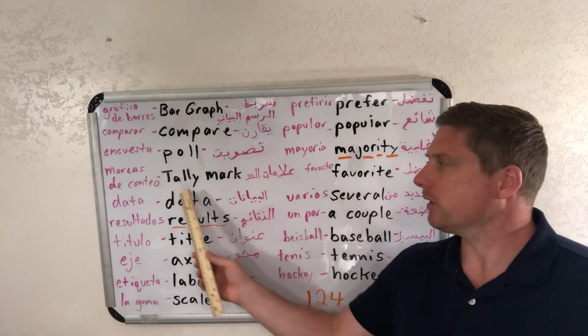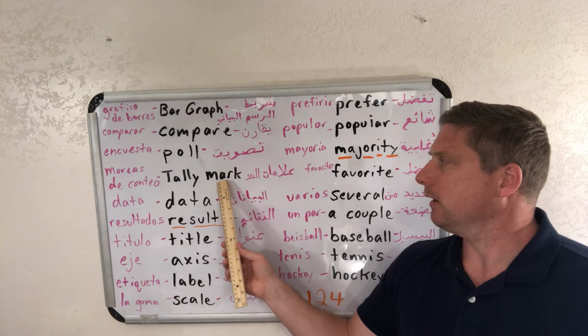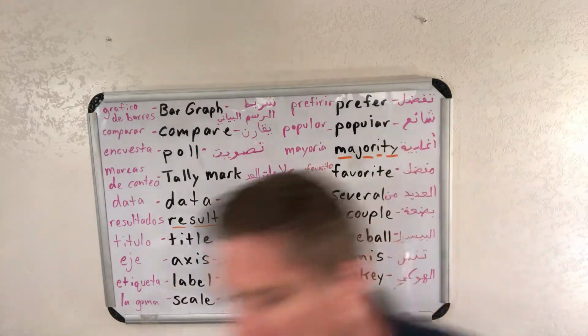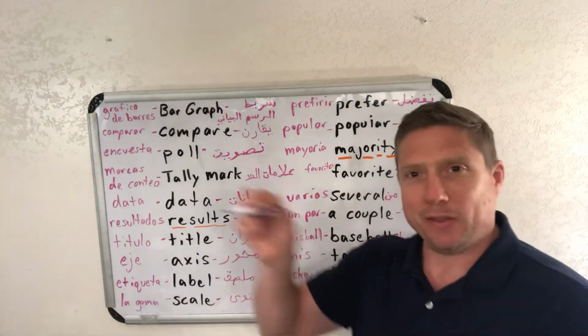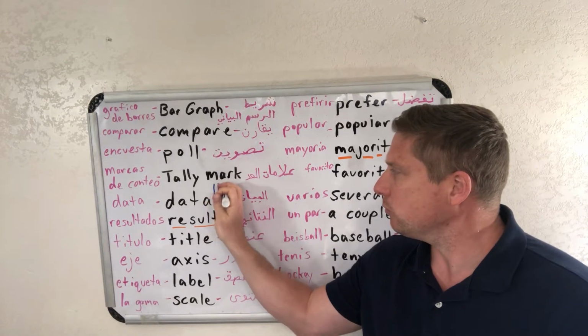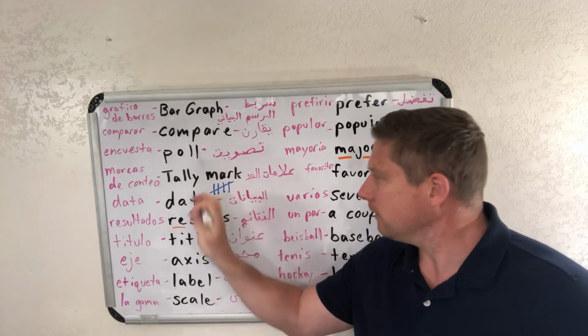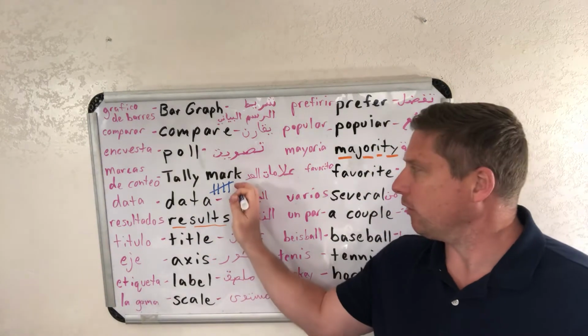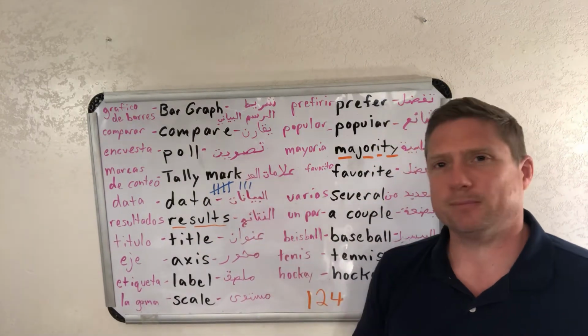Tally marks. We know this because when we play the game in class with the basketball, we make the tally marks like this. And if you solve the puzzle, you get 3. 1, 2, 3. Remember?